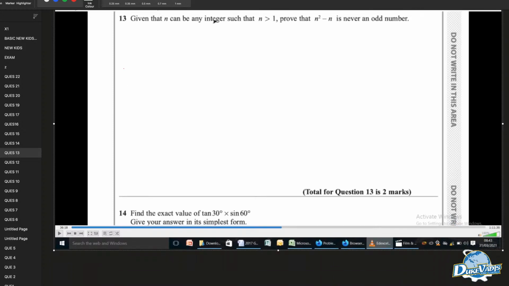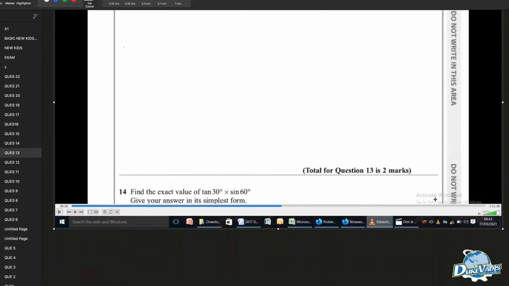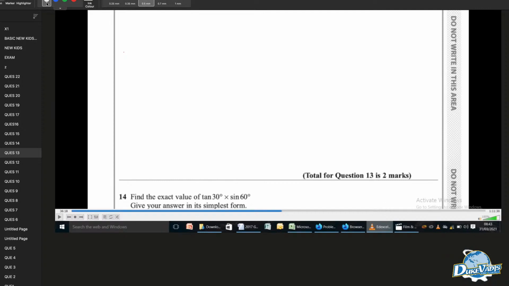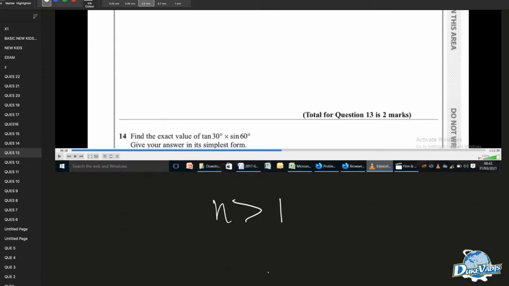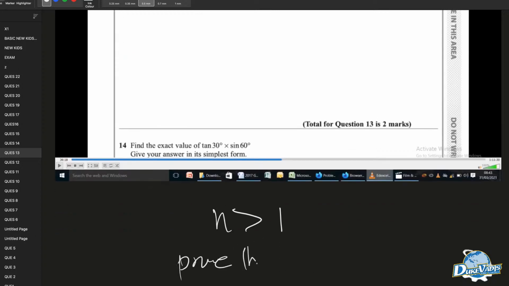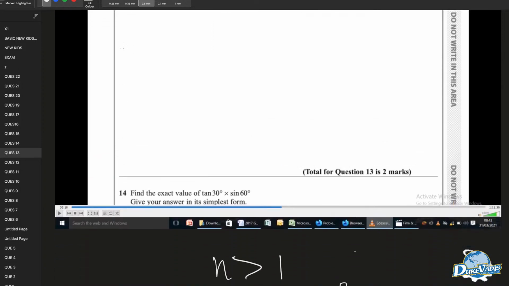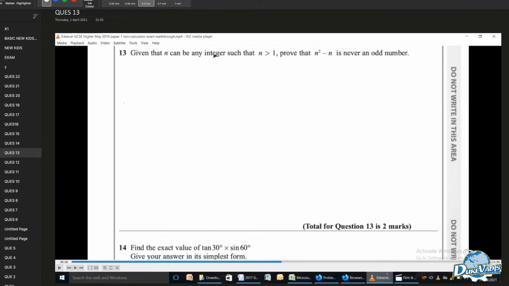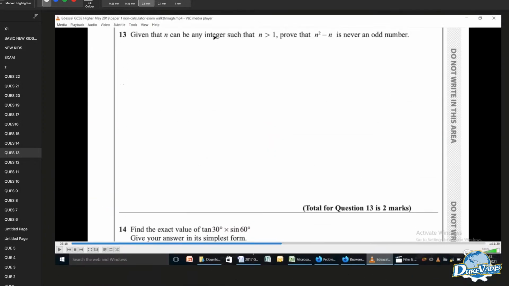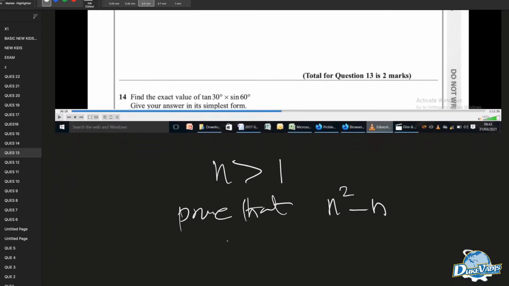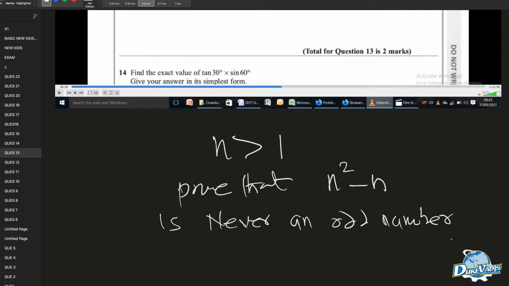So we've been given that n is greater than 1, and we should prove that n squared minus n is never an odd number. Interesting.